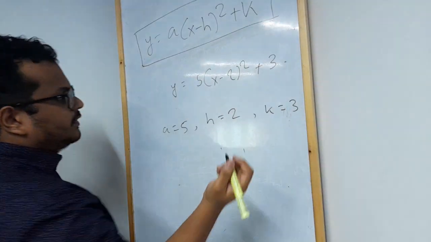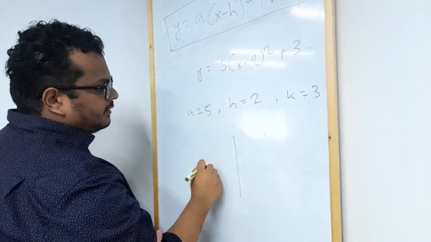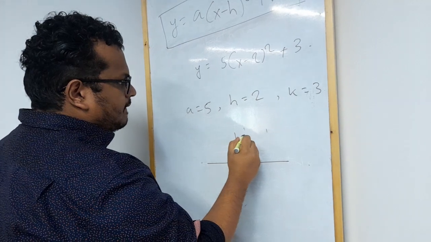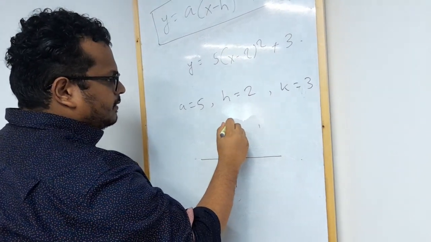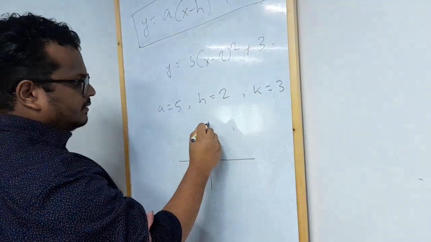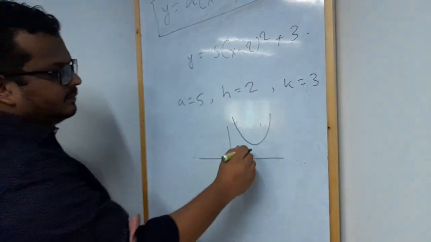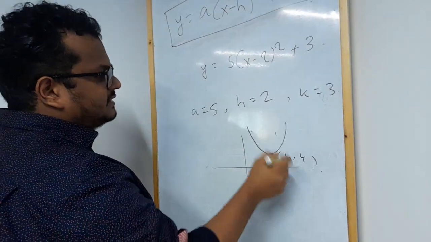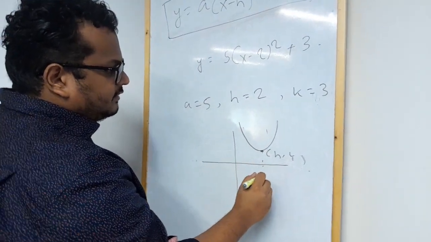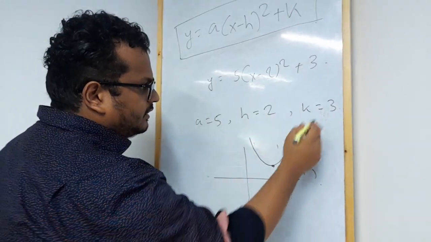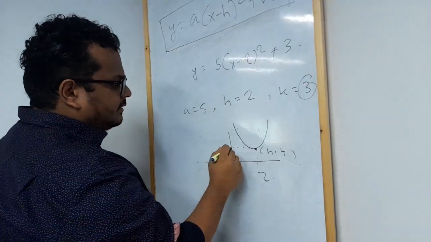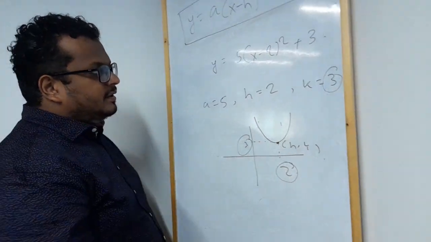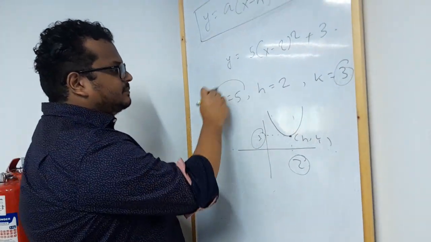So if you were to draw this curve, this vertex would be h and k, where h is the x coordinate of the vertex, that is 2, and k is the y coordinate of the vertex, that is 3. So this is 2 and this is 3, and this is the minimum point. And why is it minimum? Because a is positive.